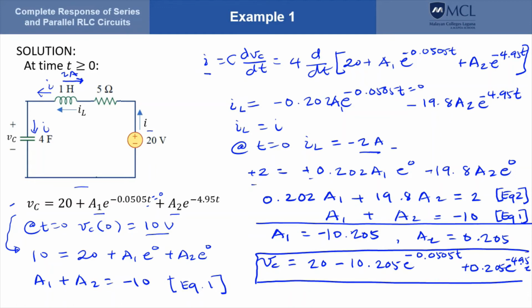As a check, we can let t equals 0, and that should give us V sub C equals 20 minus 10.205 plus 0.205, and that should give us 10 volts, which is the same as the initial condition of the voltage, which is 10 volts.